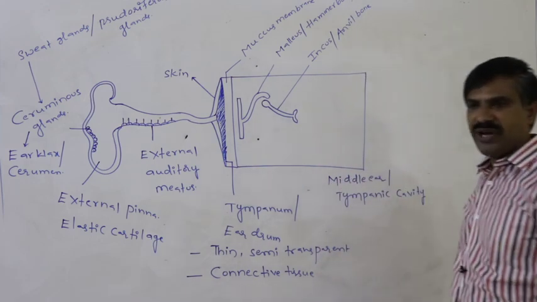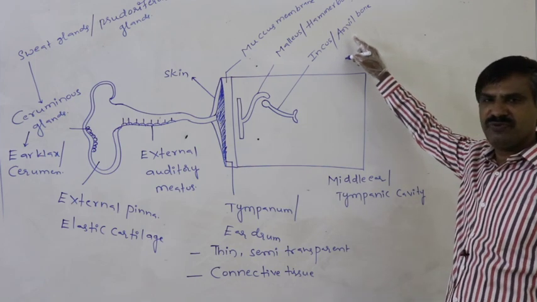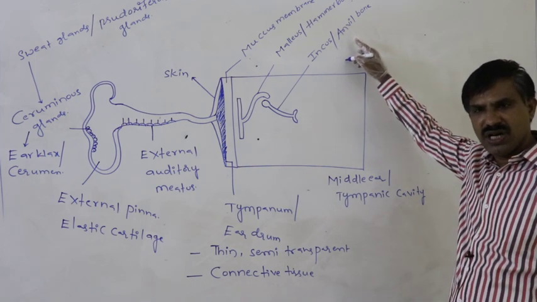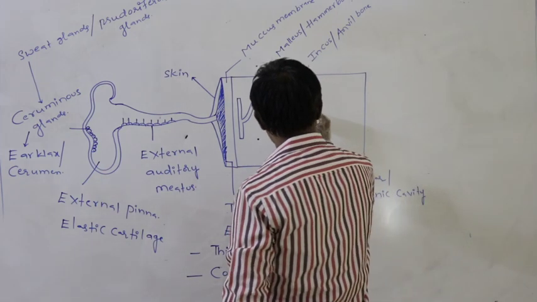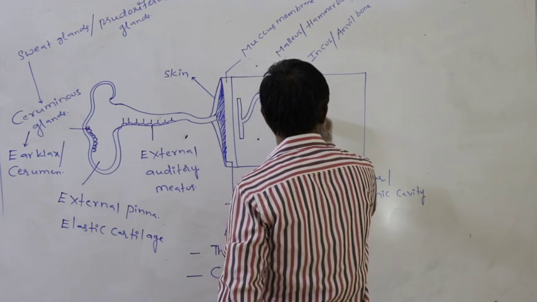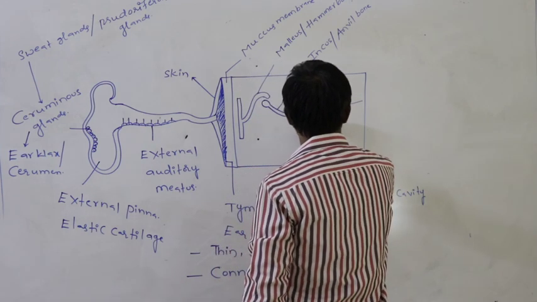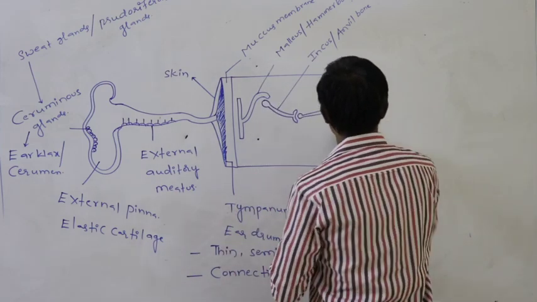This is a modified quadrate. The incus bone is principally formed due to the modification of the quadrate bone. Later the incus attaches to the smallest bone, that is the stapes.